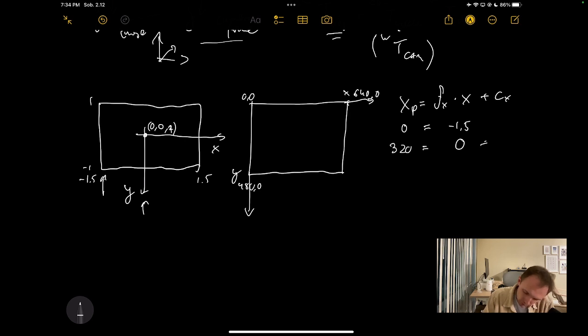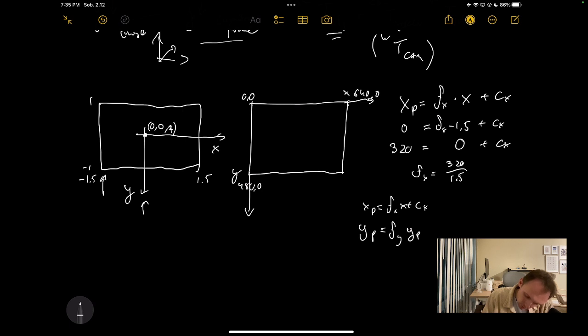So from this we can figure out immediately that c of x has to be 320, and then from the above equation, f of x plus c of x, so f of x has to be 320 over 1.5. So we just have the equation pretty much: x p equals f x times x plus c x, and y p equals f y times y plus c y.